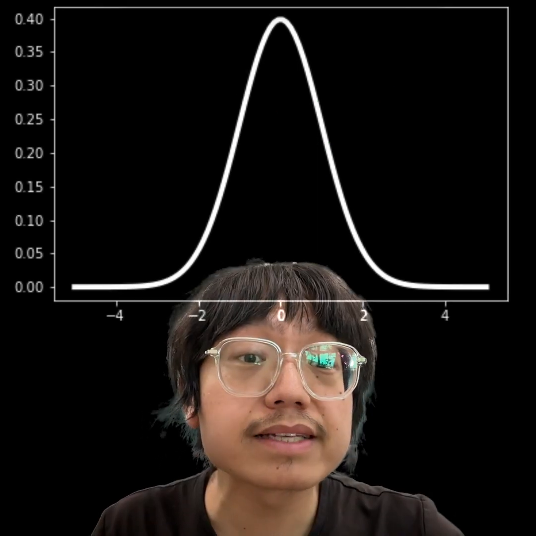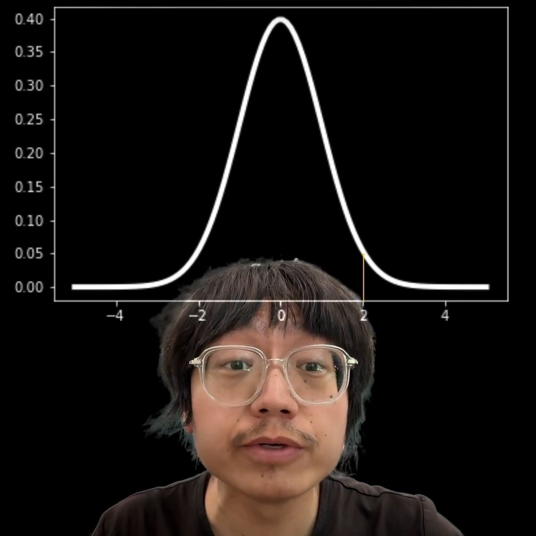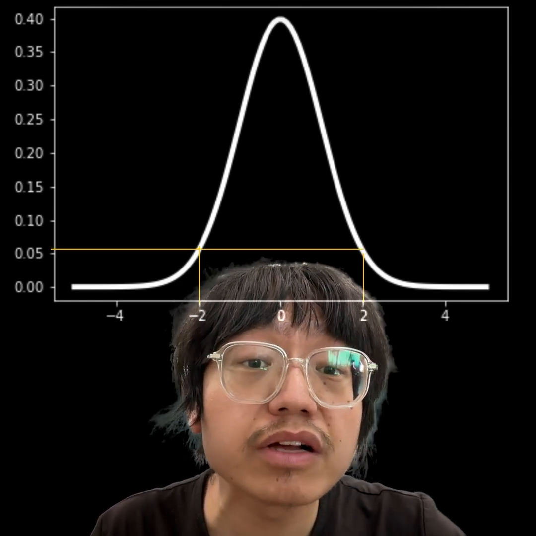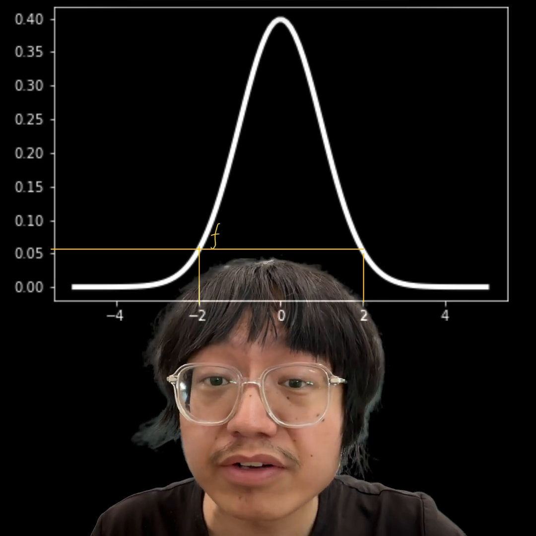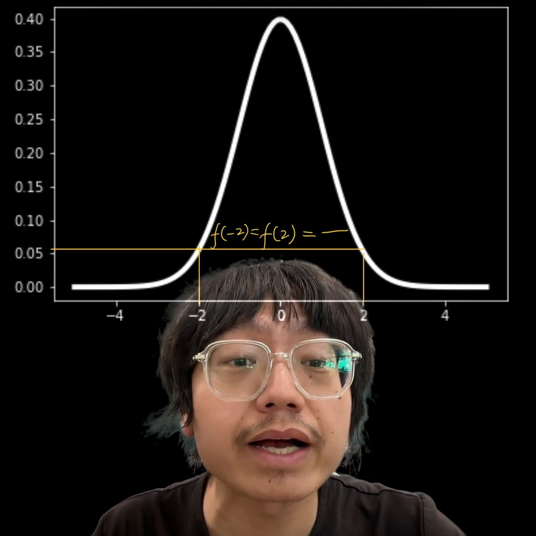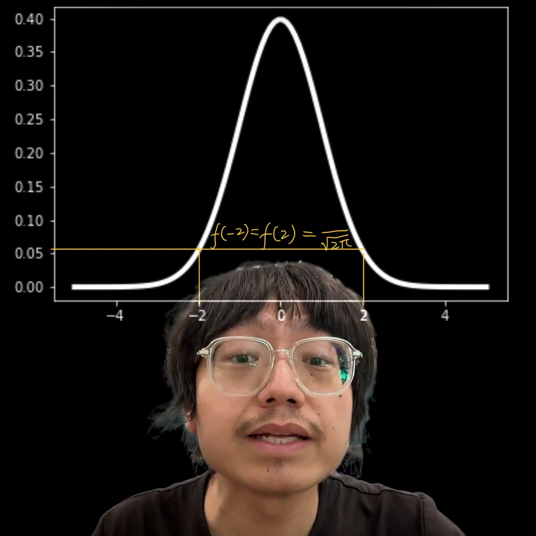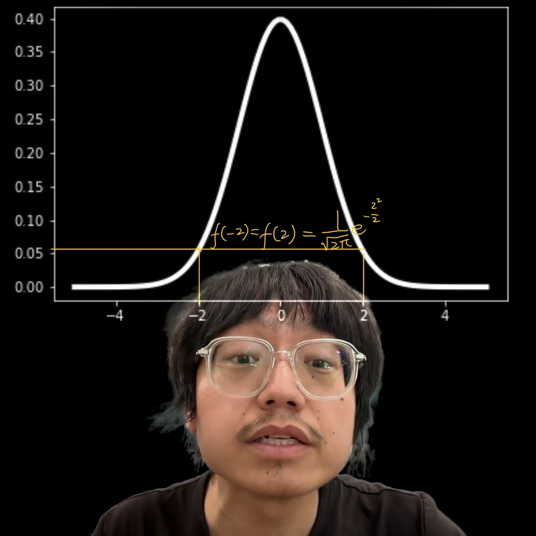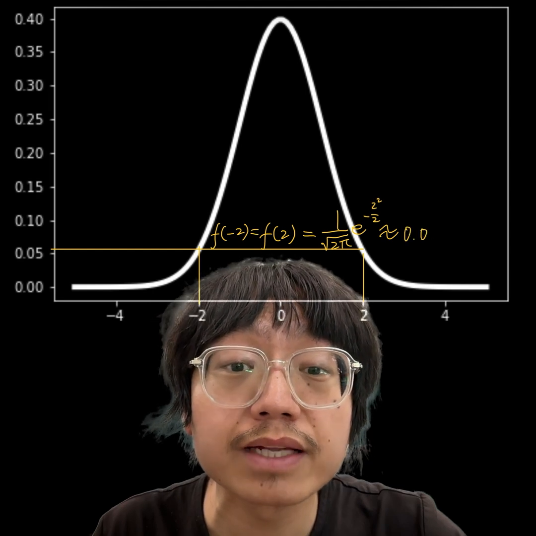When x equals 2 or negative 2, they are 2 standard deviations from the mean. f of negative 2 equals f of 2 equals 1 over the square root of 2 pi times e to the negative half of 2 squared, which is approximately 0.05399.